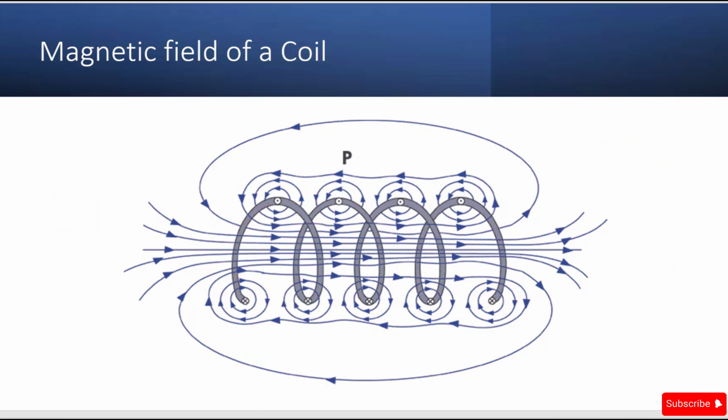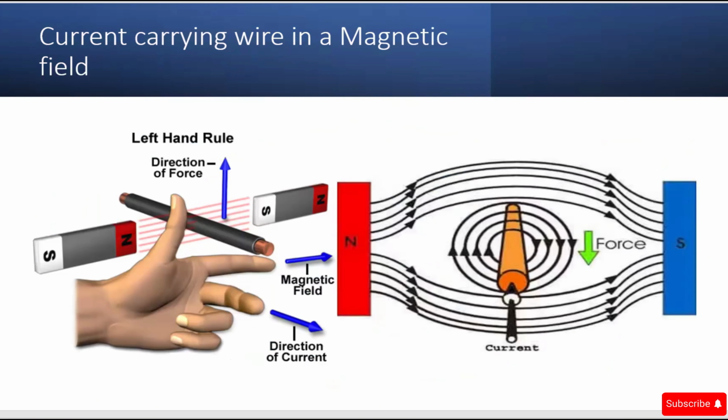Now we move ahead and try to understand what happens if we have a constant magnetic field and we put a wire inside the magnetic field, and that wire carries current, meaning the current is flowing through the wire.